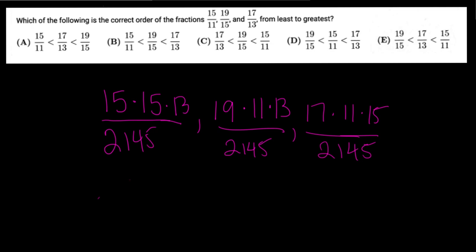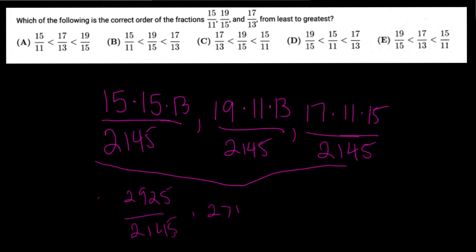Alright, so now that we have these three fractions, when we multiply these out, what we end up getting is 2925 over 2145 and 2717 over 2145 and 2805 over 2145.